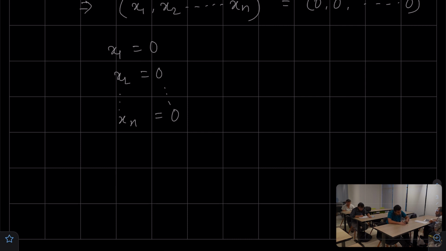So is it possible that an infinite set is also linearly independent? I'm considering a set which consists of an infinite number of vectors from a vector space. Is it possible that this set is also linearly independent? That depends on the dimension of the space.